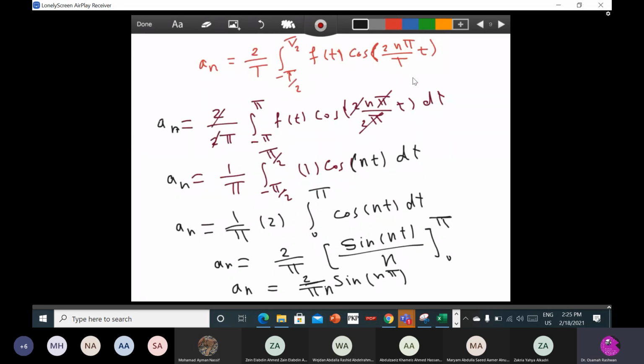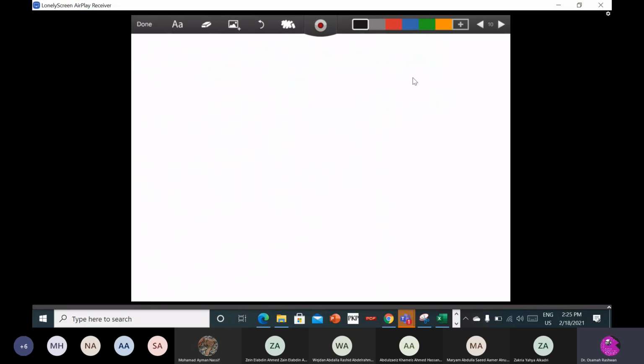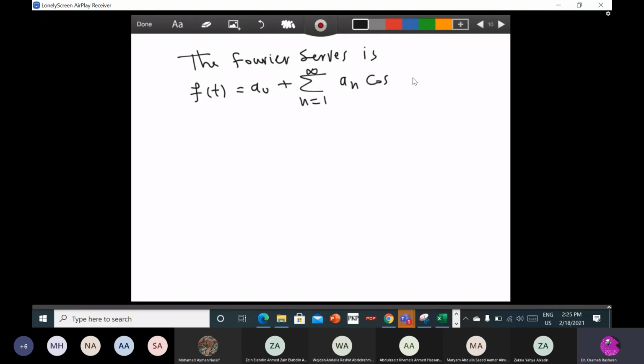So our Fourier series f of t will equal A naught plus only An cosine what?